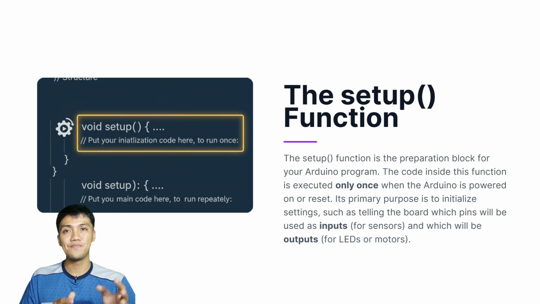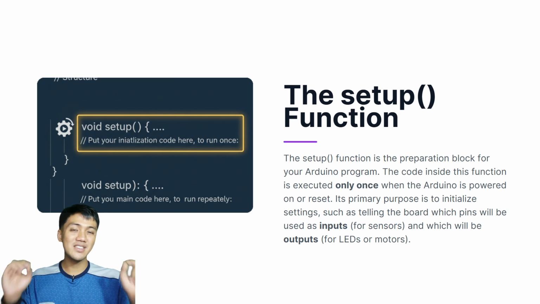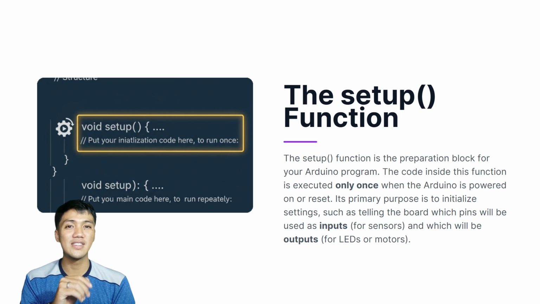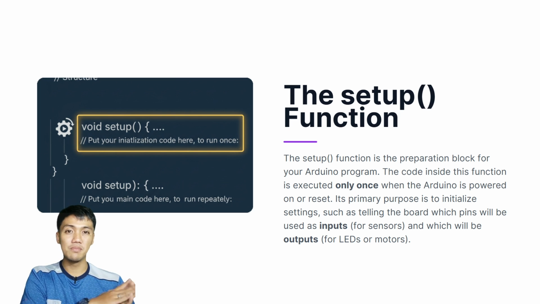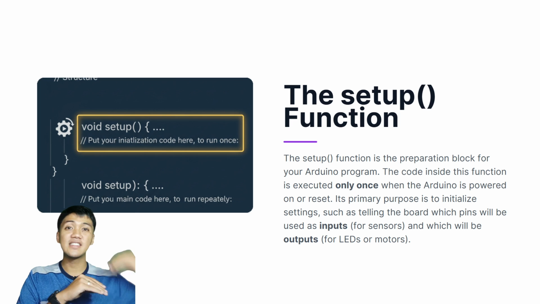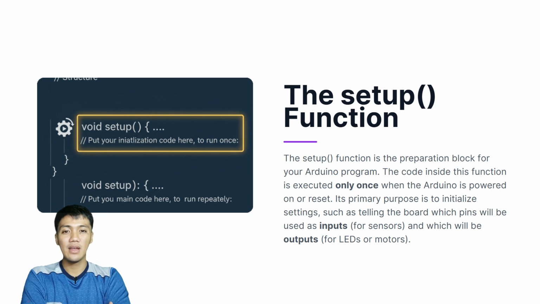So all of the basic instructions for the setup should be in the void setup. Later on, we will be introducing variables. We can include that in void setup, but most times it is outside the void.